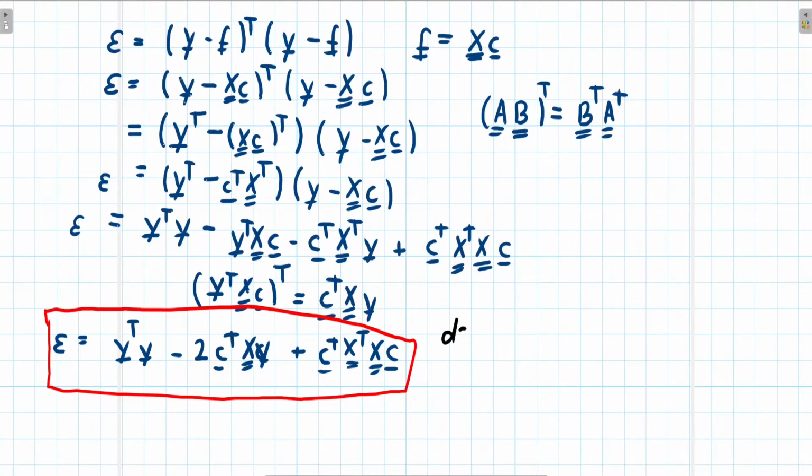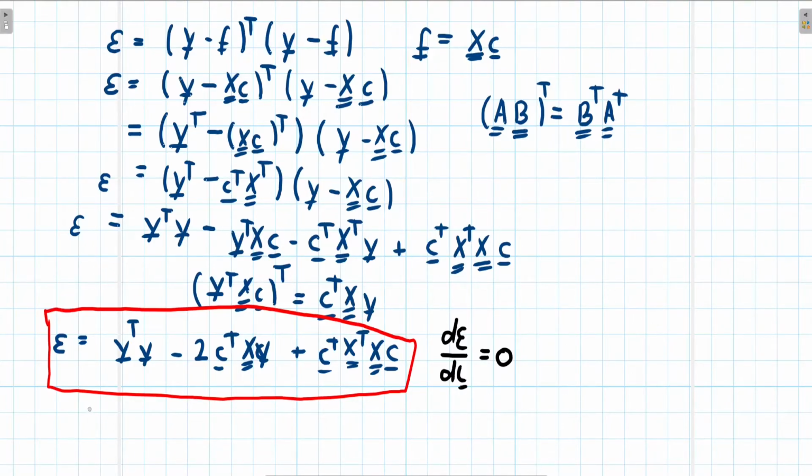We're going to calculate d epsilon by dc and set that equal to 0 and try to find a solution for our coefficients. You can just evaluate this derivative with respect to a vector like you would any other derivative. I might show in another video why this is the case, but for now just trust me on that.